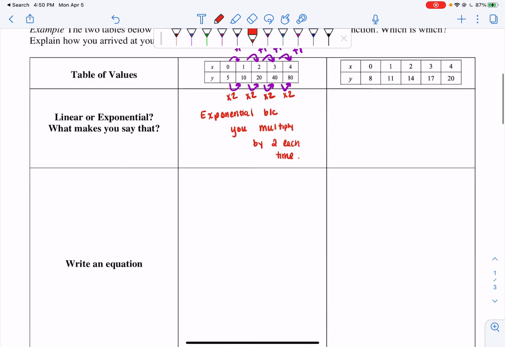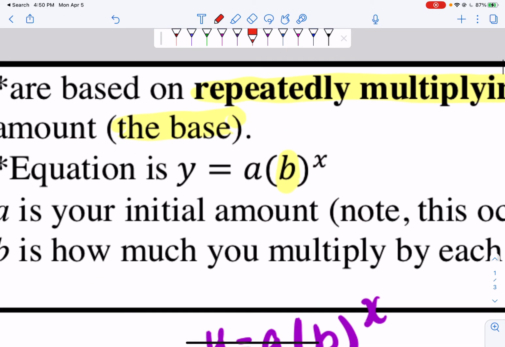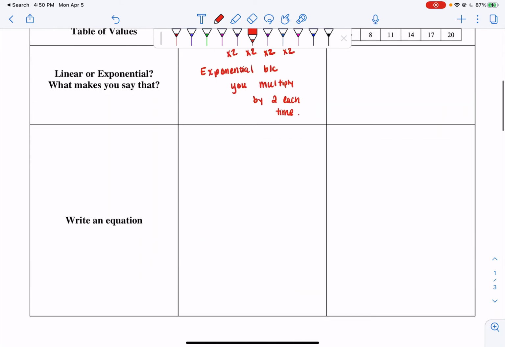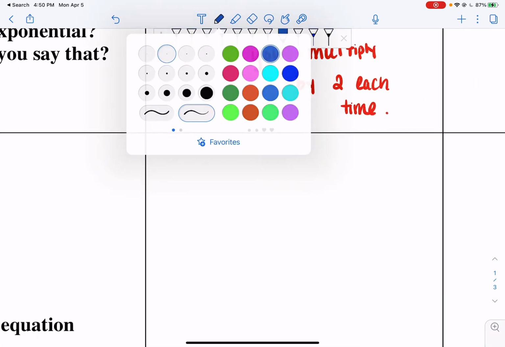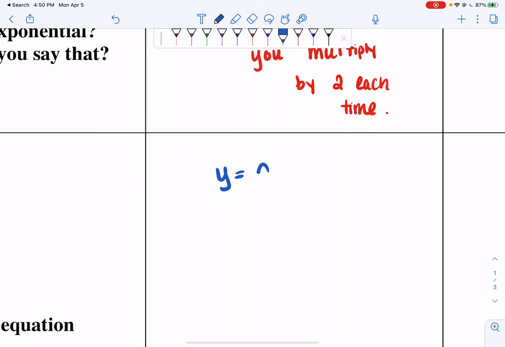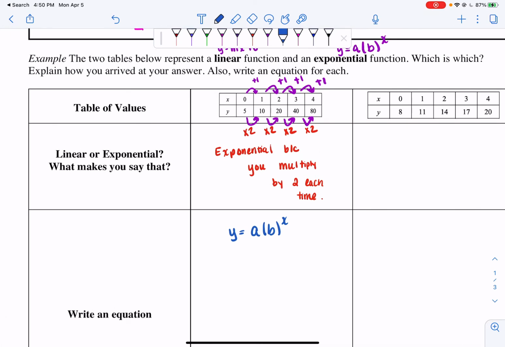Now we're going to write our equation. If we remember, the exponential equation is y equals a times b to the x. So I'm going to write in y equals a times b to the x. Remember, a is your initial amount, and it's when x is equal to 0. So if I go to my table of values, when x is 0, I get a y value of 5.